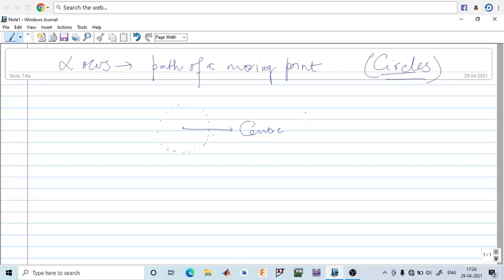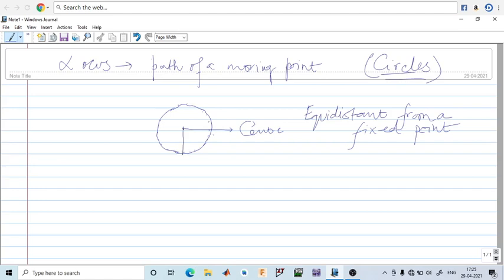I am saying again, a locus, a path of a moving point which is equidistant from a fixed point. So the fixed point is known as the center, and if we close the curve, then the whole closed curve is known as a circle, right?